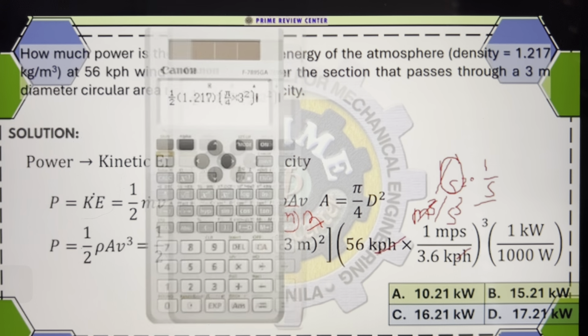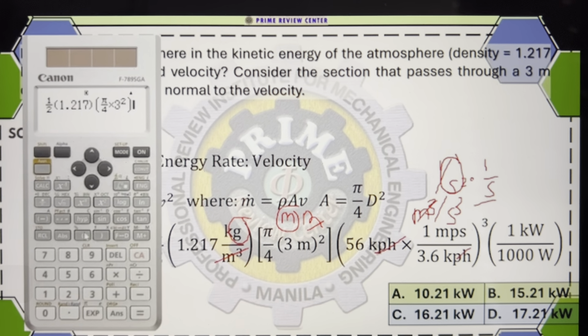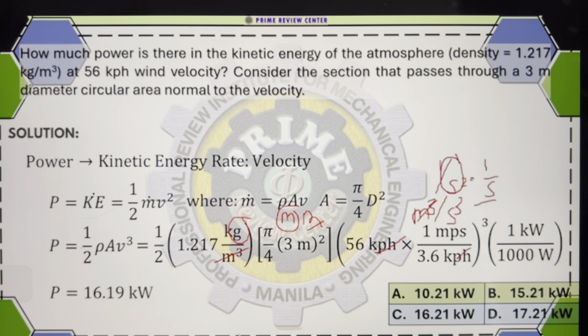And so, times 56, divided by 3.6, raised to 3. Divide lang natin ng 1,000. So, press equals, and makuha natin yung value ng power, 16.19. So, yun yung ating answer, and that is yung letter C. Closest answer.